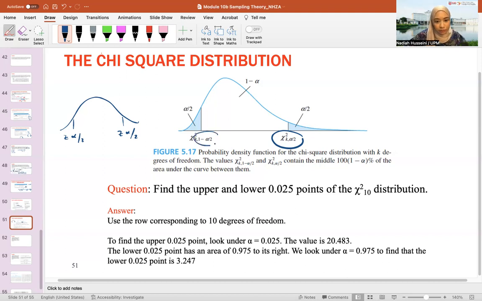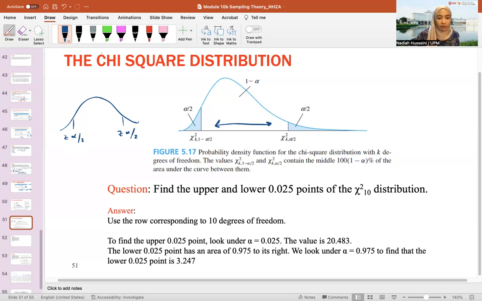So this one is 1 minus alpha over 2, and this guy is alpha over 2. Just bear with it, I know it looks confusing. They contain the middle 100 times (1 minus alpha) percent of the area under the curve. So we are specifying a confidence interval right here, even though it does not look symmetrical.